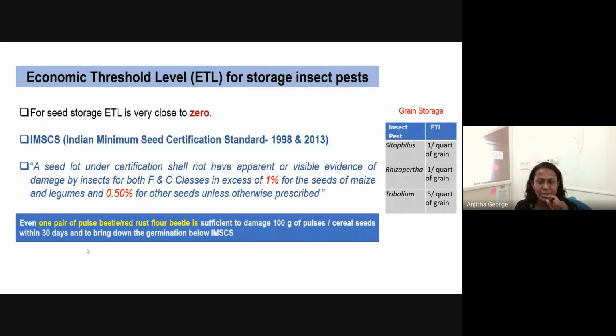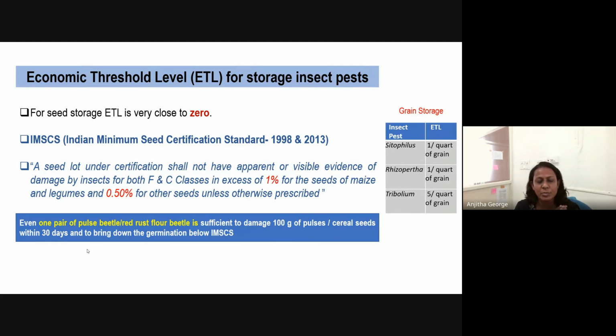In that seed sampling, the ETL has been kept at 1% for bold or big sized seeds like maize and legumes, and 0.5% for other small sized seeds. Just imagine, if you are taking 100 seeds, even if one seed is found damaged by insect pest, it means you have to reject that seed lot. So that is the importance of this ETL level.